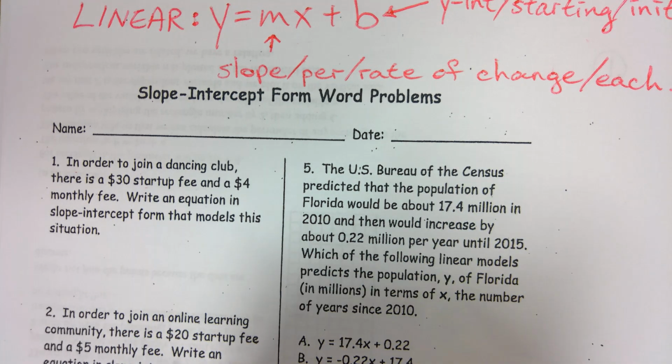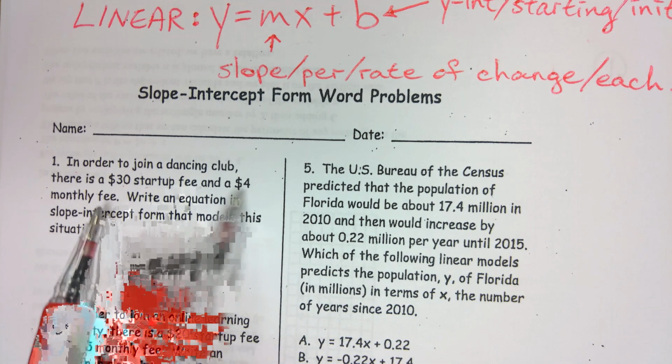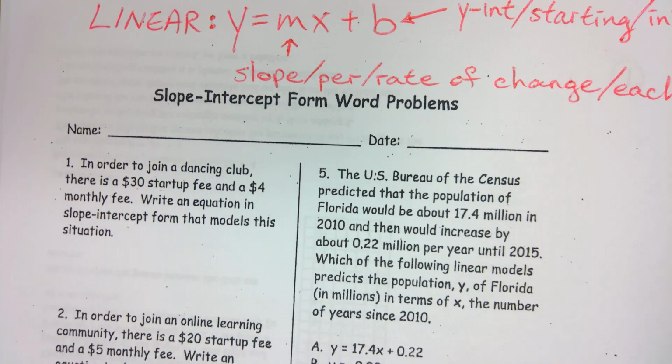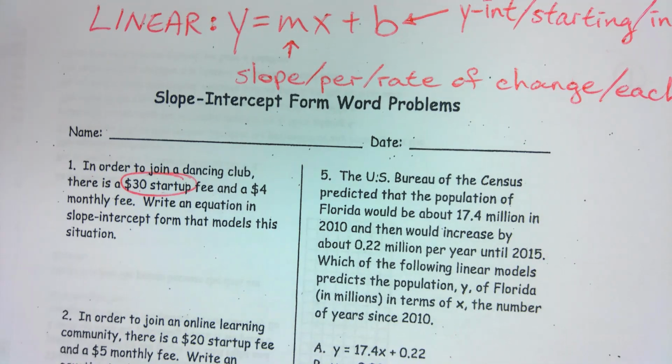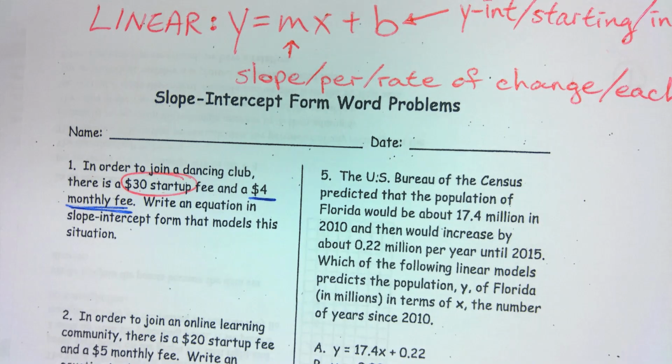So the initial is going to be $30 as it's the startup fee. Good. And the change is going to be 4 as it's the monthly fee. Yep. Okay, so this is the start. So can you give me a formula then? Sorry, not the formula, the equation.